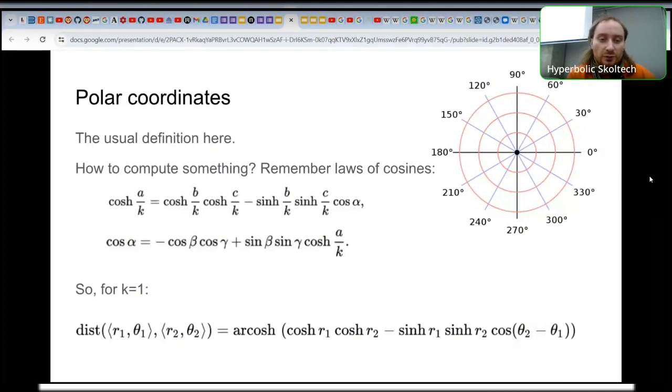You might use the laws of cosines, which I gave you already. Applying it for k equals 1, you get this formula, the distance between two points in the plane.